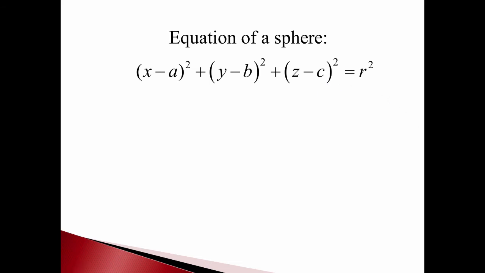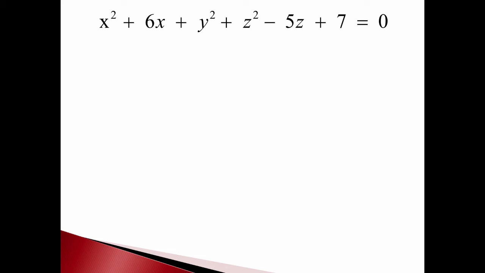So what you'll see in the homework is some examples of this, and the standard kind of question is, here's a graph of a sphere in 3 dimensions. Figure out what the center and the radius is and write it in that sort of standard form, which of course means we have to complete the square. We'll have to take this x squared plus 6x, add something to it so that we can make it x plus something squared.